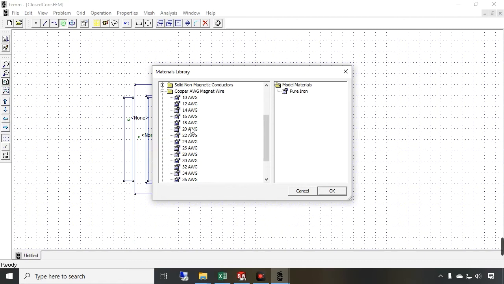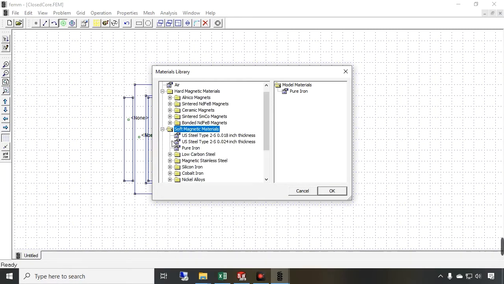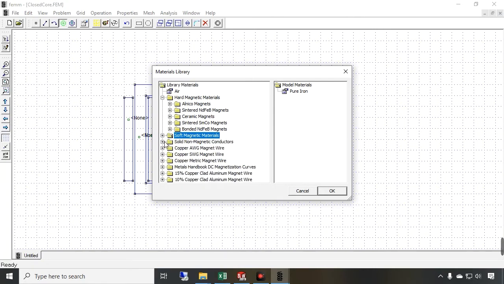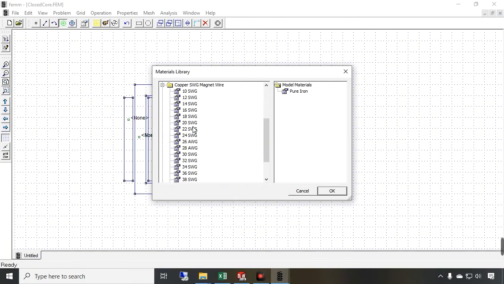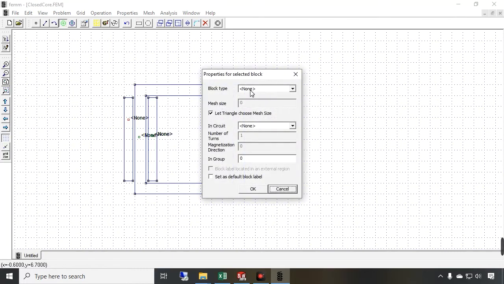Let me select this wire gauge, a standard wire gauge, 22, press OK. So I can right click on this label and press the space key.